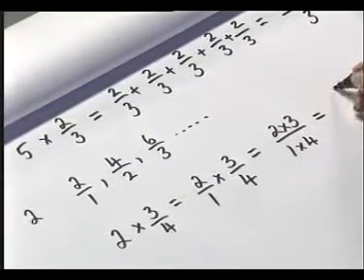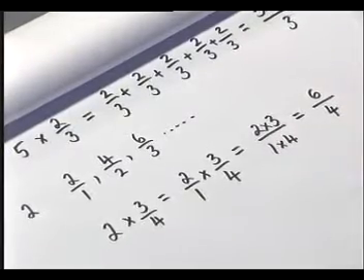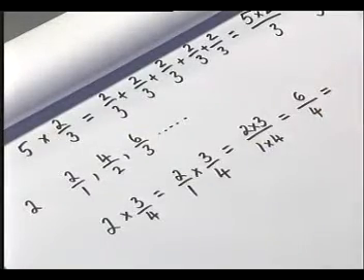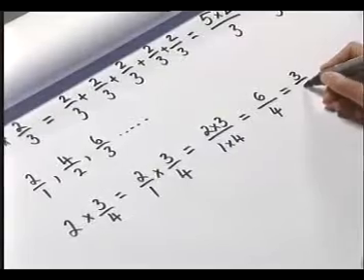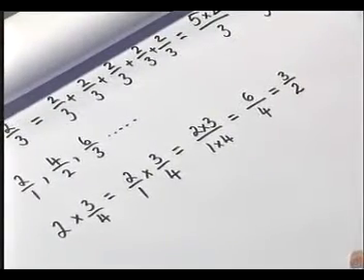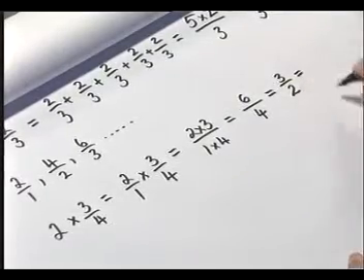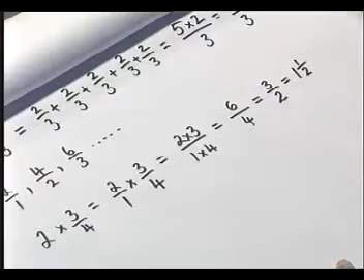So 2 threes giving us 6, and once 4, 4. And if we put this as a fraction in its lowest form, then we divide both the numerator and the denominator by 2, so we get 3 over 2, or as a mixed fraction, 1 and 1/2.